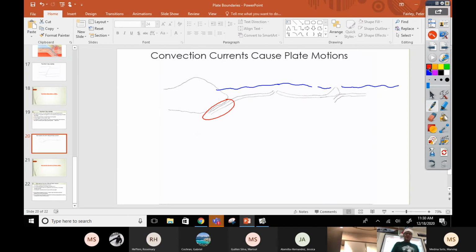Subduction. Yes. So the process occurring here where one plate goes under another is called subduction. So we call this place where it occurs the subduction zone.